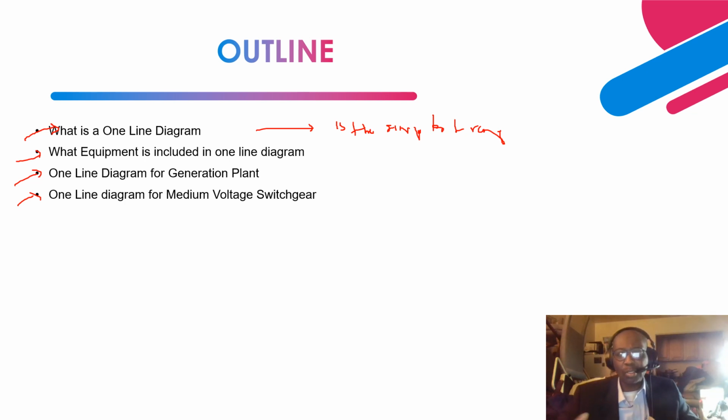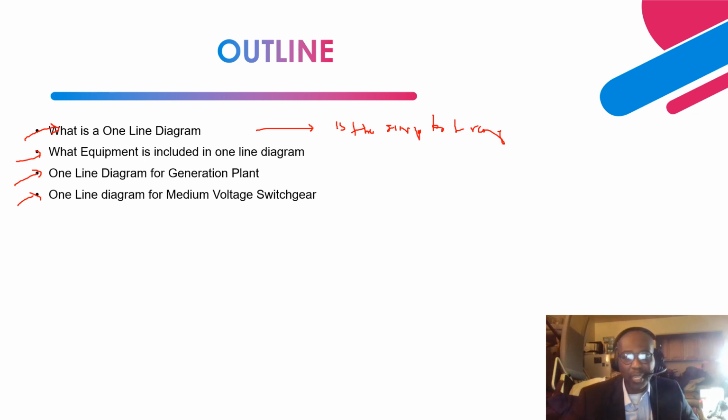The next presentation will consist of one-line diagrams on the low voltage end. So we'll step down to voltages of about 600 volts AC, and all the way up to 480 volts AC. Then I'll create another presentation on how to read three-line diagrams.